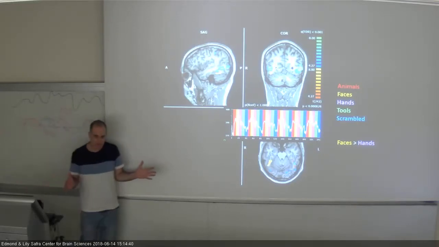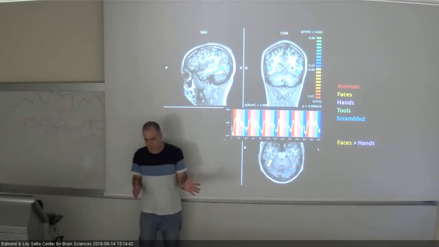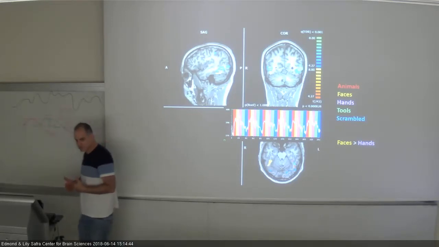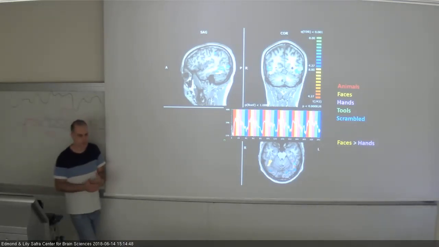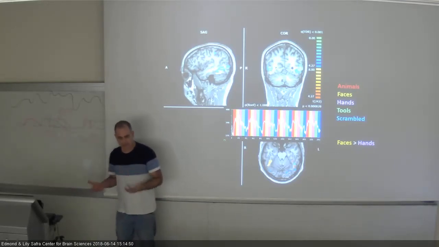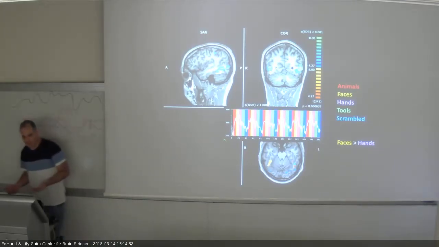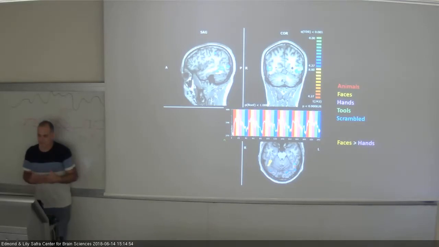So if I compare faces versus houses, or faces versus the scrambled version of those faces, or faces versus objects, I'll get slightly different patterns of activation. There is no specific right way to do this, by the way. So you should follow convention or do something that makes sense in the context of your research question.